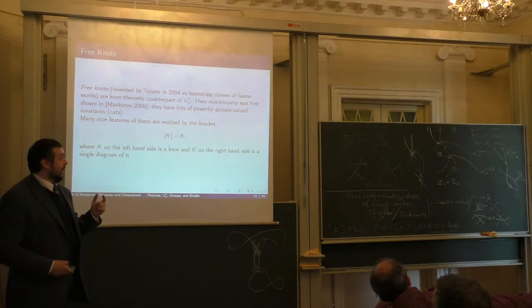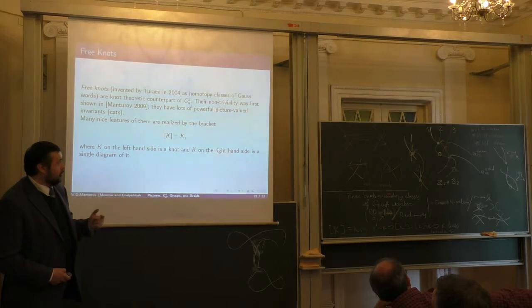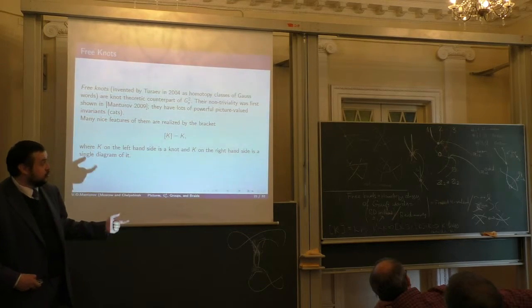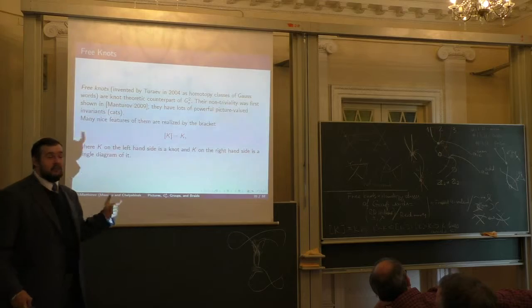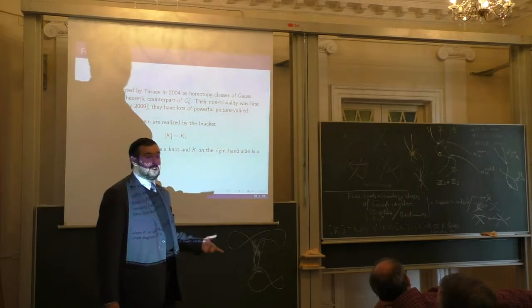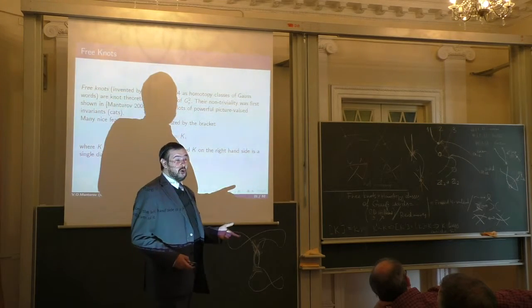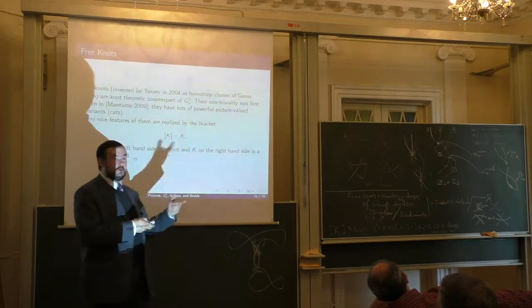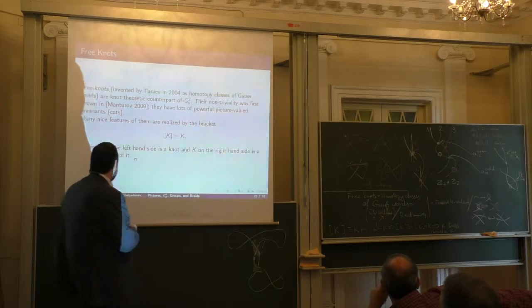Note that GN2 knots, or free knots, or homotopy classes of Gauss words already have very powerful and very variant pictures. And note also that classical braids have maps to GN3.